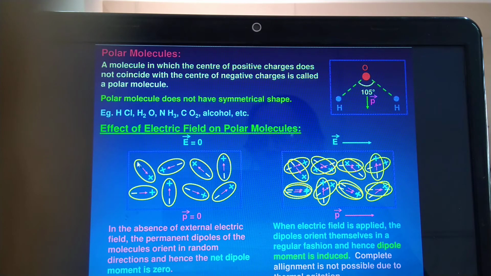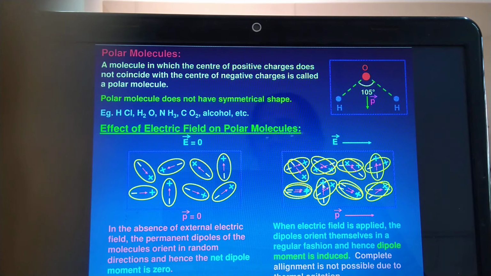Dipole means, for example in HCl, H is positive and Cl is negative, and together they form a dipole. These permanent dipoles are randomly oriented and move randomly inside the plates. So the net dipole moment of the whole dielectric medium becomes zero, because their directions are not fixed and they move randomly.